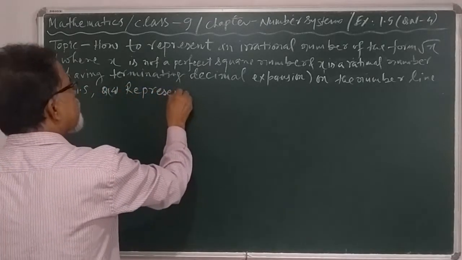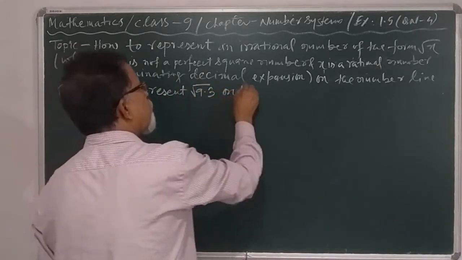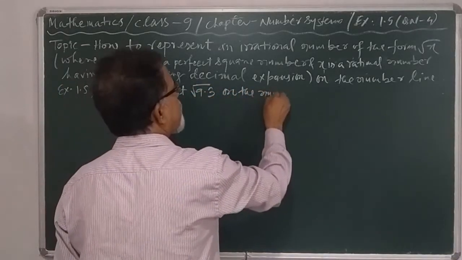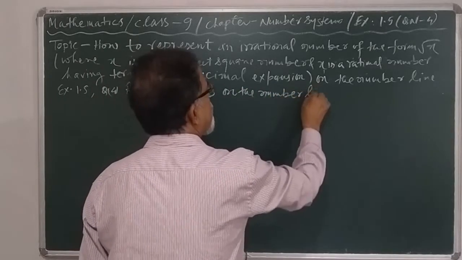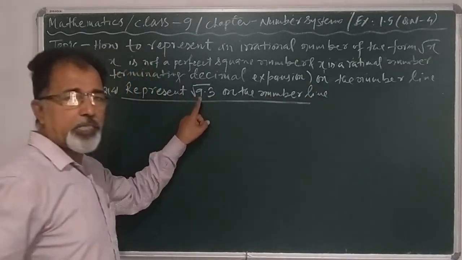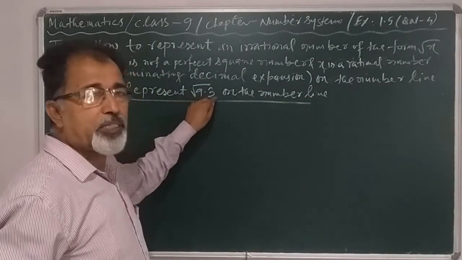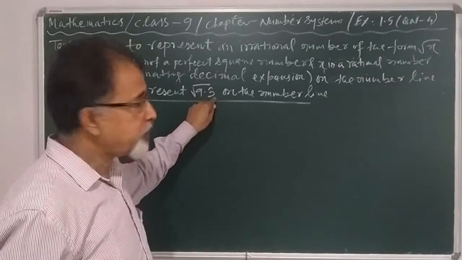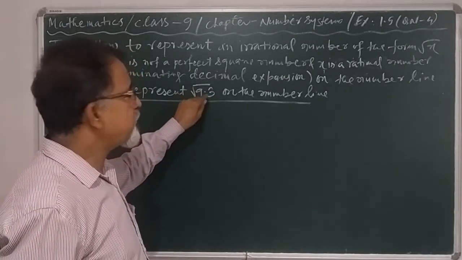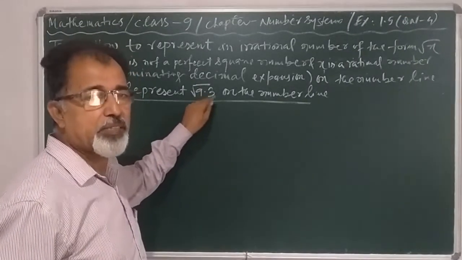Represent root over 9.3 on the number line. This is an irrational number. 9.3 is not a perfect square number, and 9.3 is a rational number having terminating decimal expansion.